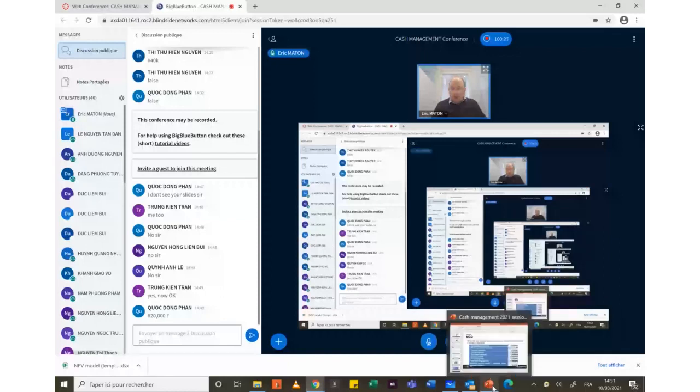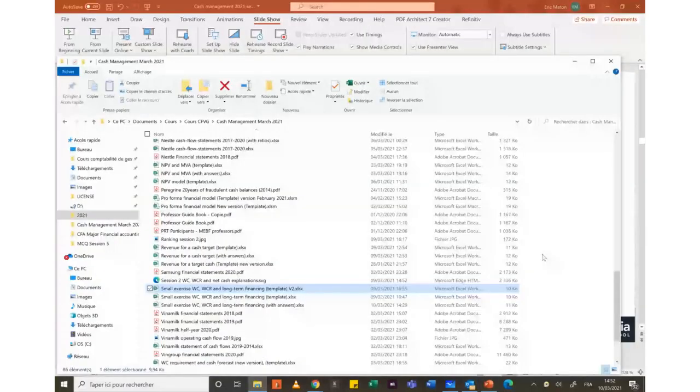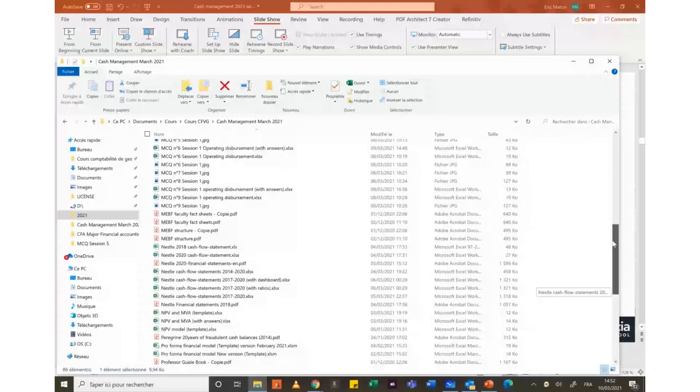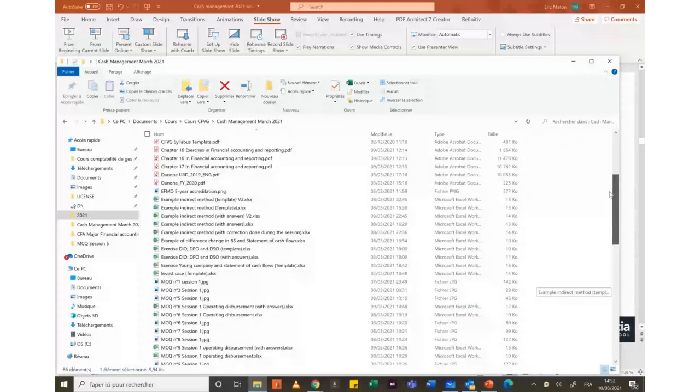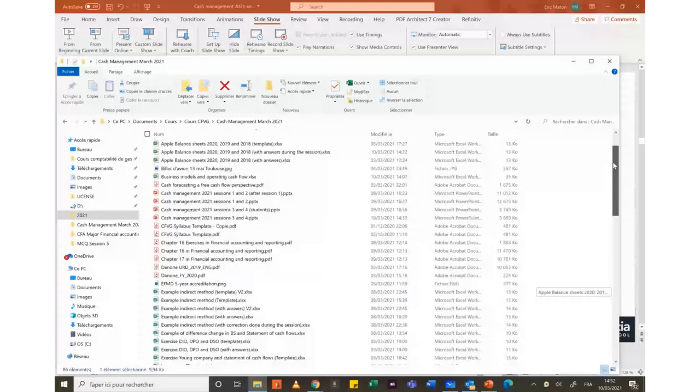So now what I propose to do is the correction for the young company, the statement of cash flow. So I hope you tried to do this exercise for today, because we go directly to the correction.